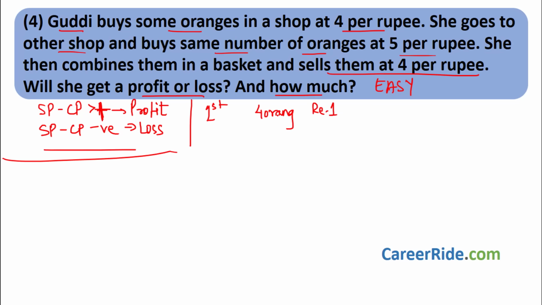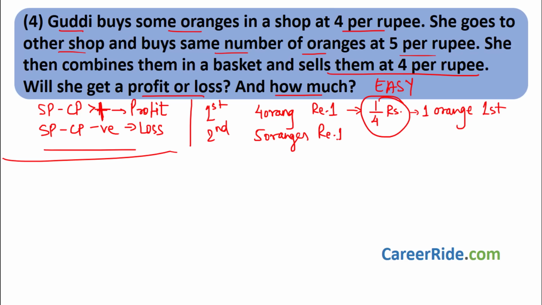So the price of 1 orange would be 1 upon 4 rupees, correct? This is the price of 1 orange in the first shop. In the same way, in the second shop she got 5 oranges for 1 rupee, and the price would be 1 by 5 rupees for 1 orange. So this is the price of 1 orange in the second shop.